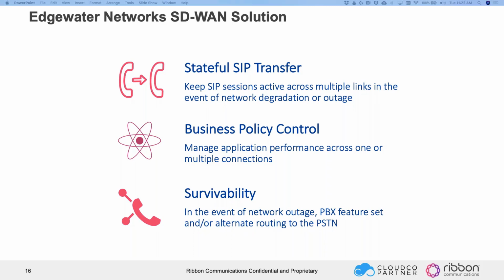Stateful SIP Transfer, which is the ability to keep voice calls active even if you have a complete failure on a link, or if you see a link degrading. Business policy control, which is the ability to manage and prioritize other applications across the network. And then finally, survivability, if you have a complete IP network outage, what are your alternatives? What can we do to keep your business up and running?